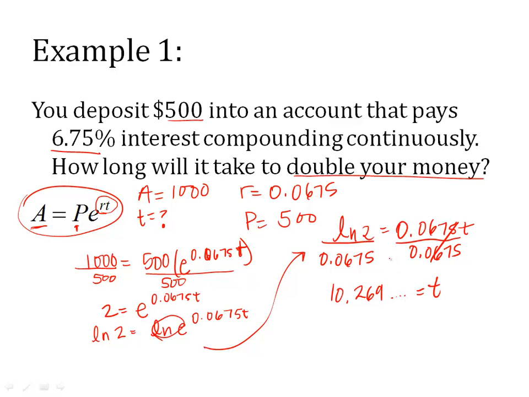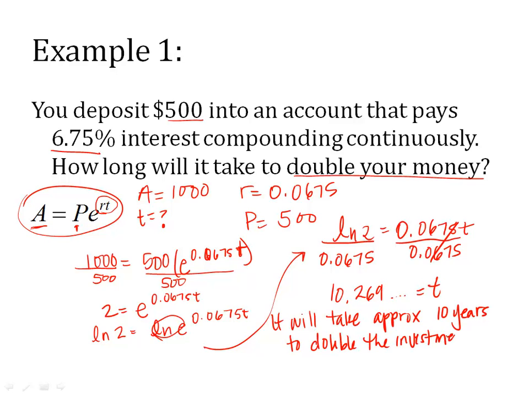All right? But the question is, how long is it going to take? So t is in years, my number of years. So when we're doing application problems, you want to answer in a complete sentence. So what I would say is, it will take approximately 10 years to double the money, or double the investment, however you want to say it.